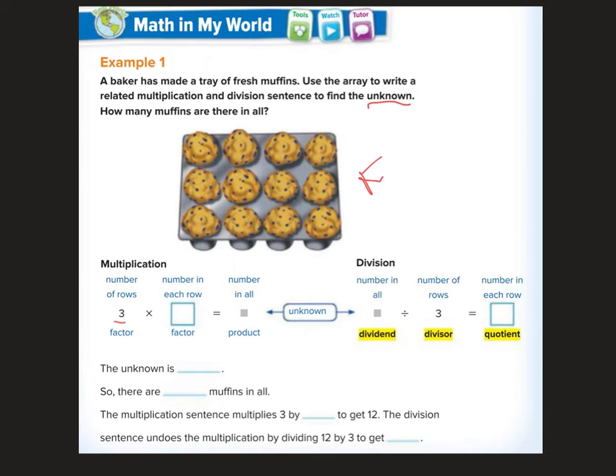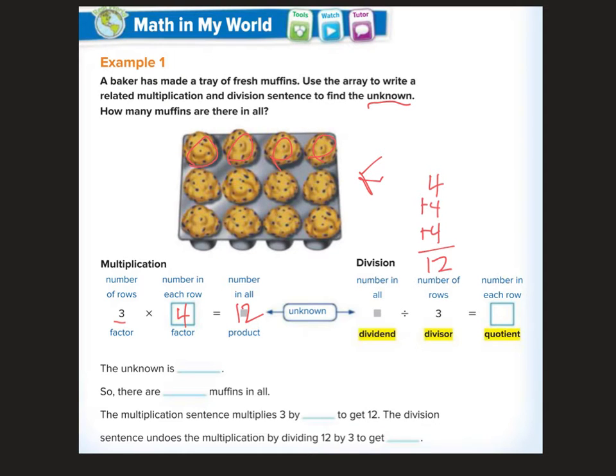I have 3 rows, and how many are in each row? 1, 2, 3, 4 are in each row. So 3 groups of 4. 4 plus 4 plus 4 is 12. So this would be 12.